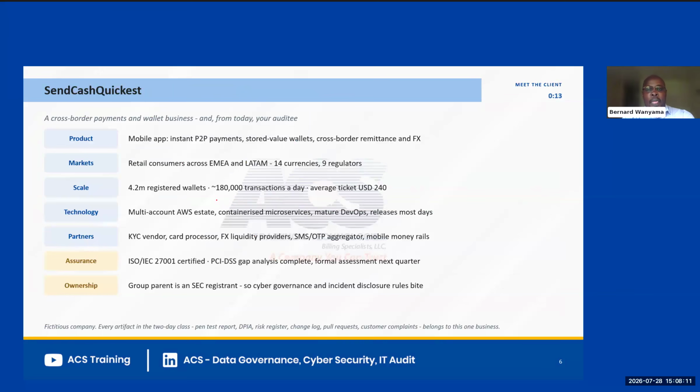So we shall be working with the Fintech organization as our fictitious auditee. The name I chose is Send Cash Quickest. I hope it could survive in the market and be remembered by a potential client. But it's ideally a fintech organization that does cross-border money transfer across a global span of customers.